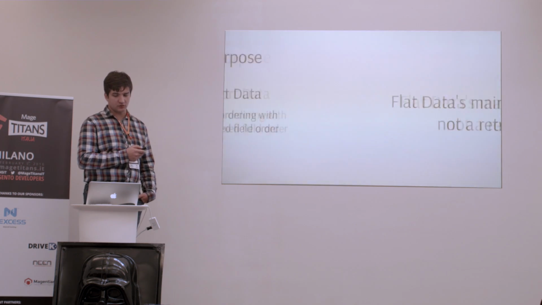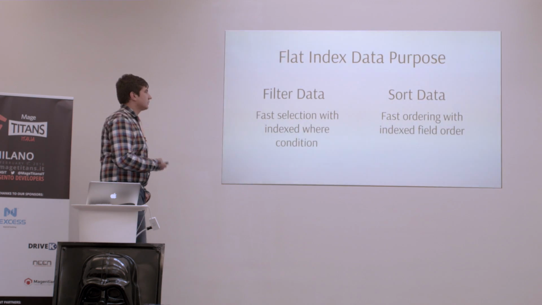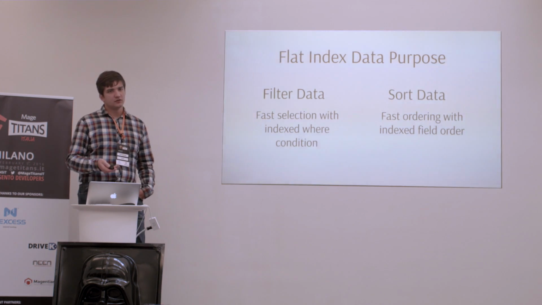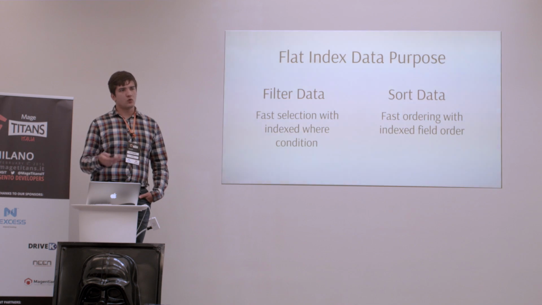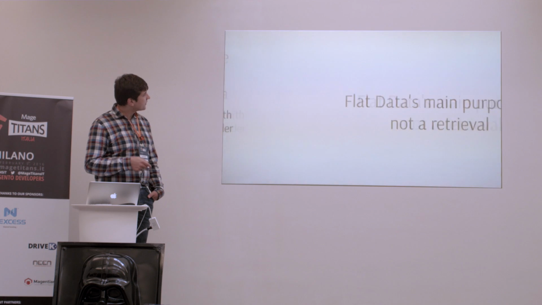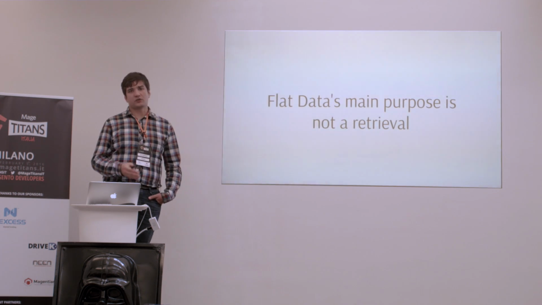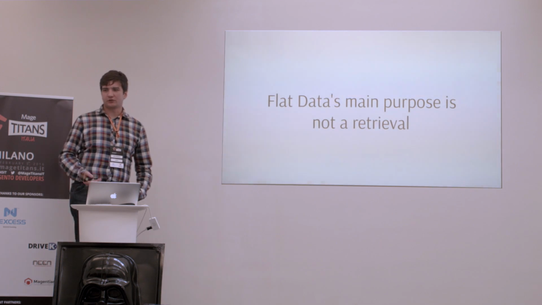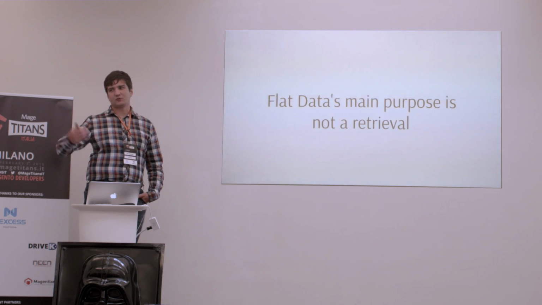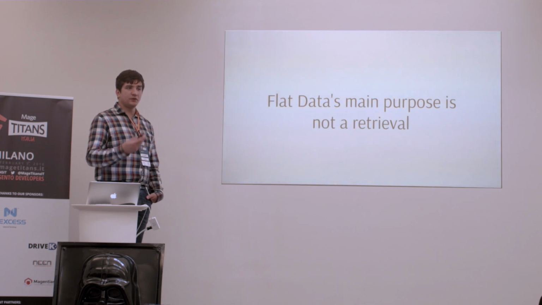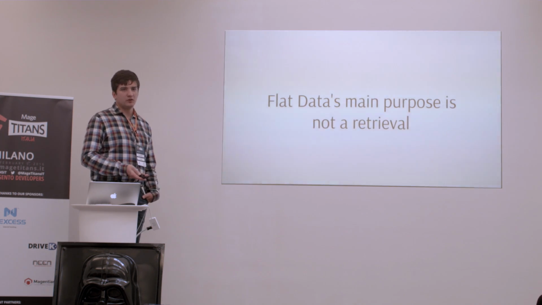And by sorting the data, I mean ordering by an also indexed field in this table. So there should be nothing more than that for this kind of flat index structure. The flat index structure is not for data retrieval. You shouldn't put there everything you'd like to retrieve later on. It's easier to make another query just to retrieve this data from other tables. So if you don't need to filter by this data, don't put it into flat. If you don't need to sort by this data, don't put it into flat as well.